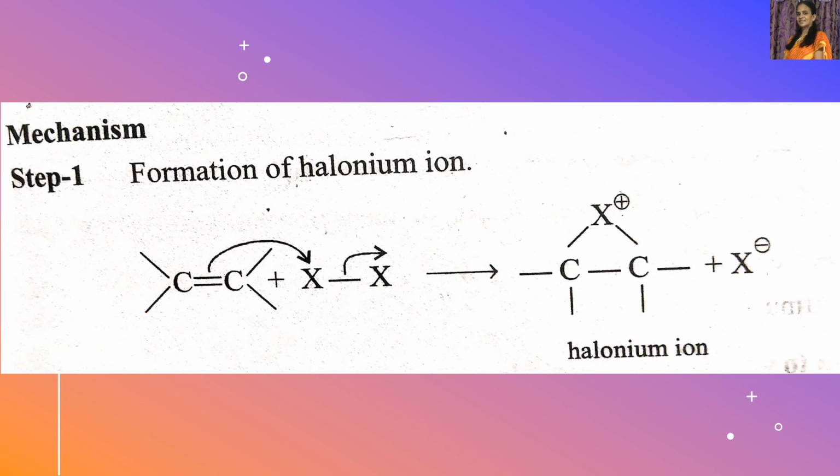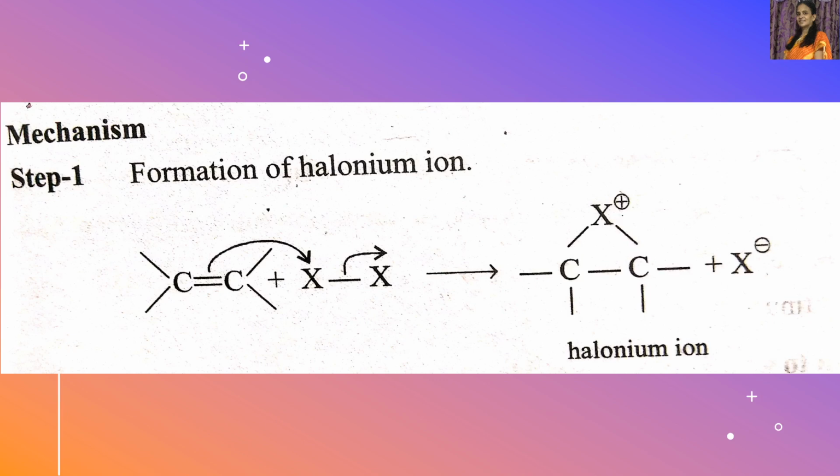In this, the first step involves formation of halonium ion. Now, this is alkene, this is X2, that is halogen. With the help of the pi bond electrons present in between the two carbon atoms, it abstracts this X plus.